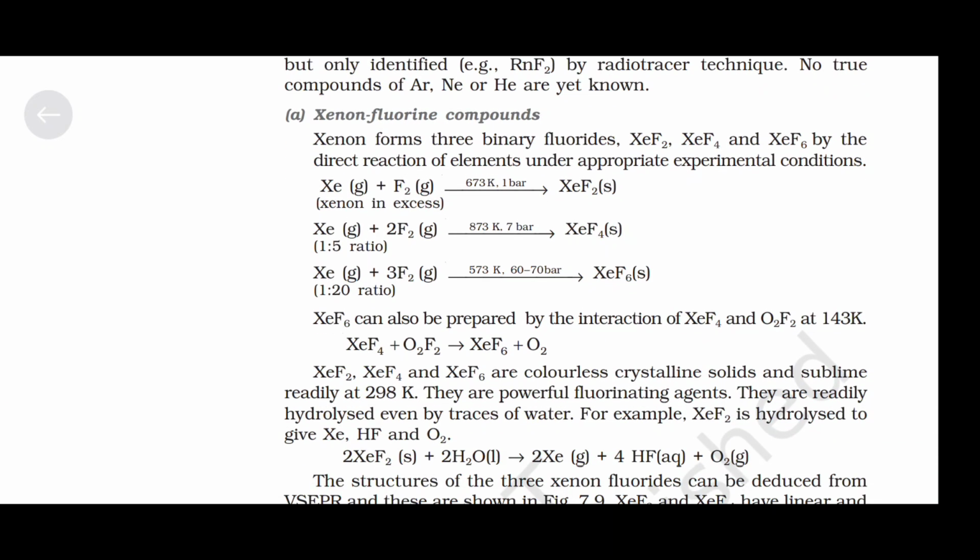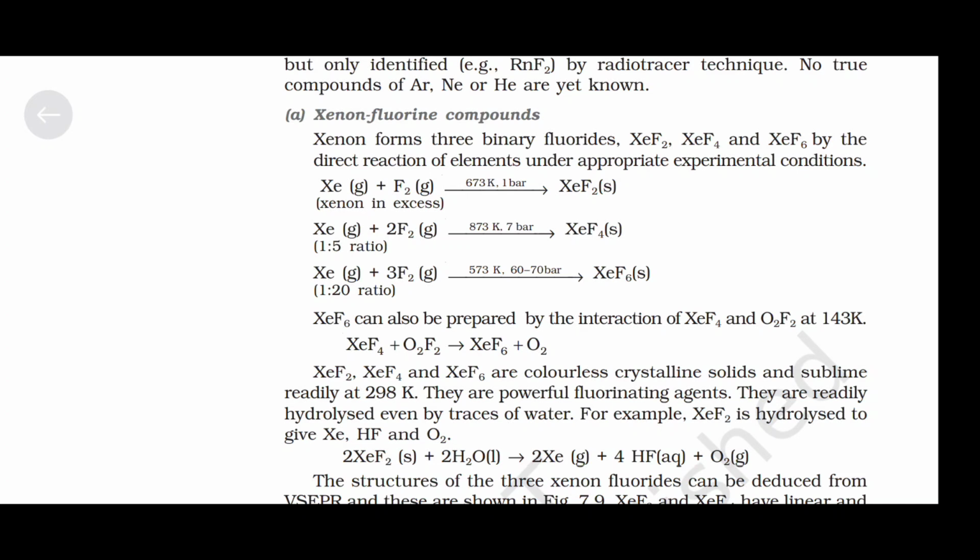Xenon fluorine compounds. Xenon forms three binary fluorides, XeF2, XeF4, and XeF6, by the direct reaction of elements under appropriate experimental conditions.